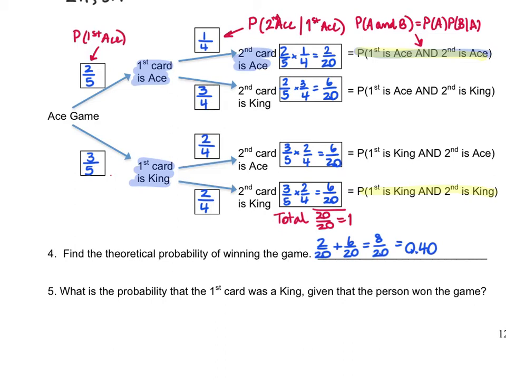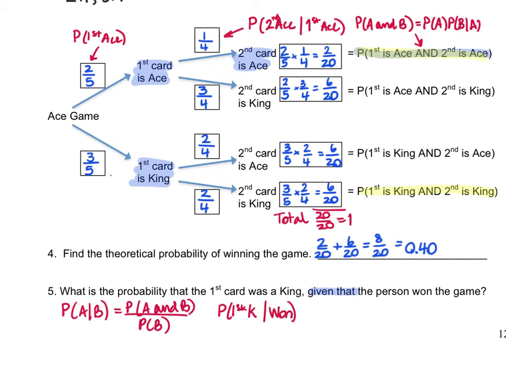On number 5, we have a conditional probability question. What is the probability that the first card was a king, given that the person won the game? You may remember, and it's on your formula sheet, that the probability of A given B is equal to the probability of A and B over the probability of B. So when it comes to this specific situation, we are finding the probability that the first card is a king, given that, or knowing that, the person won.